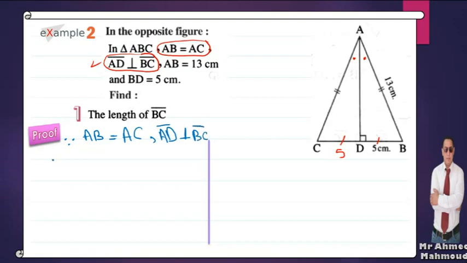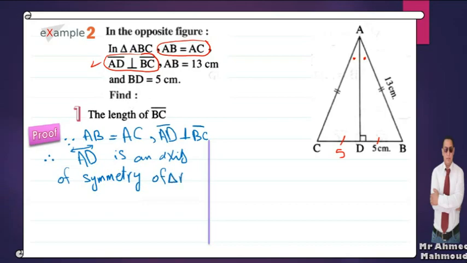Therefore, AD is an axis of symmetry of triangle ABC.